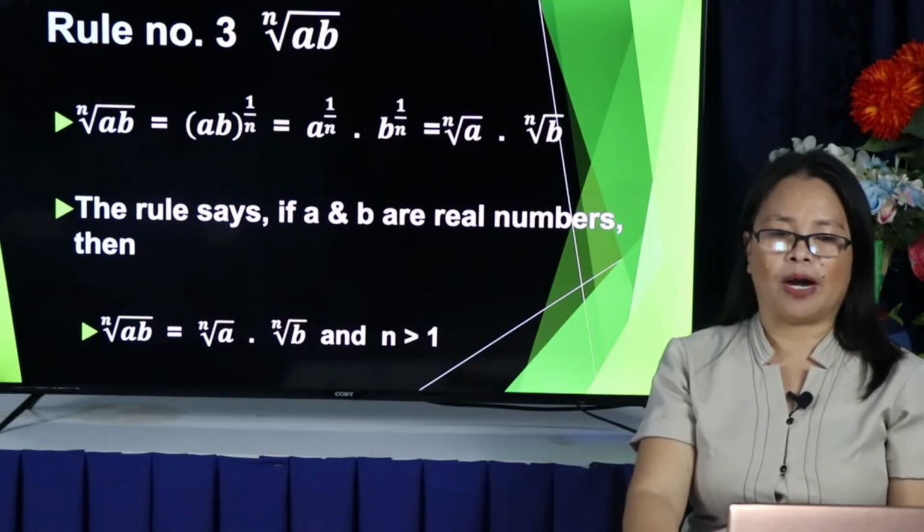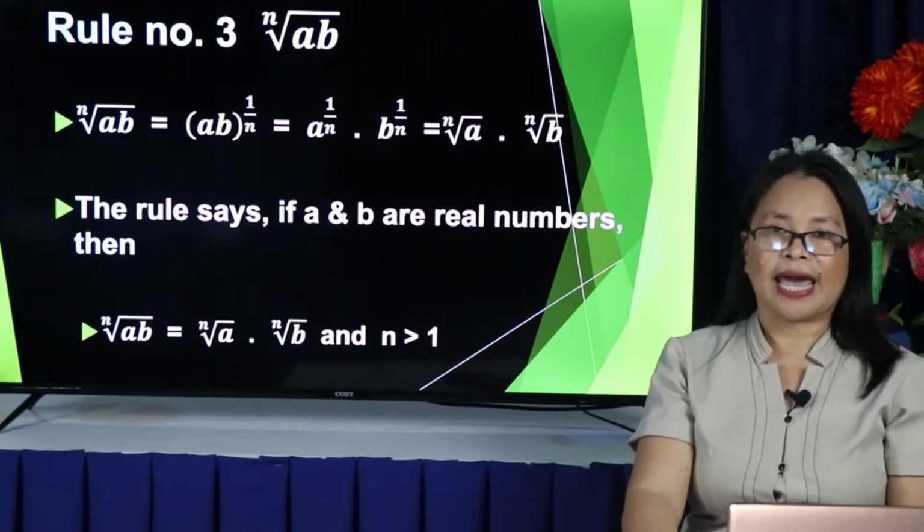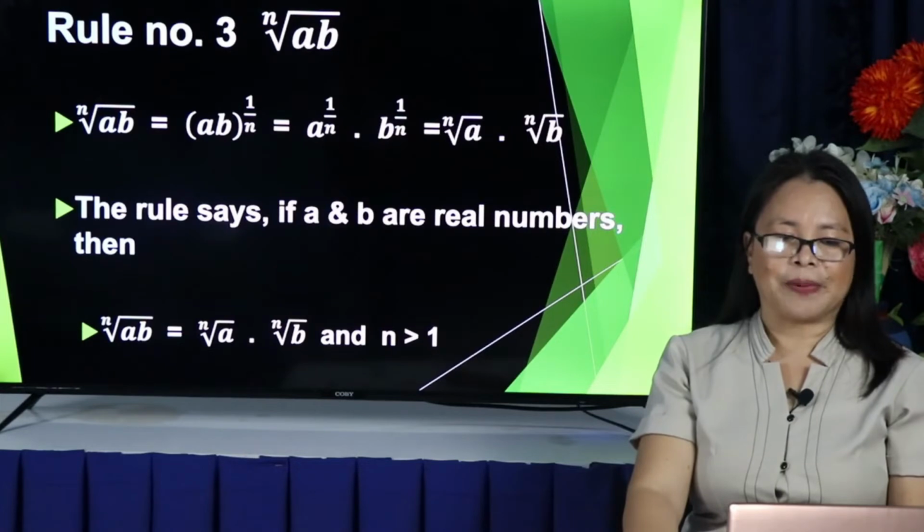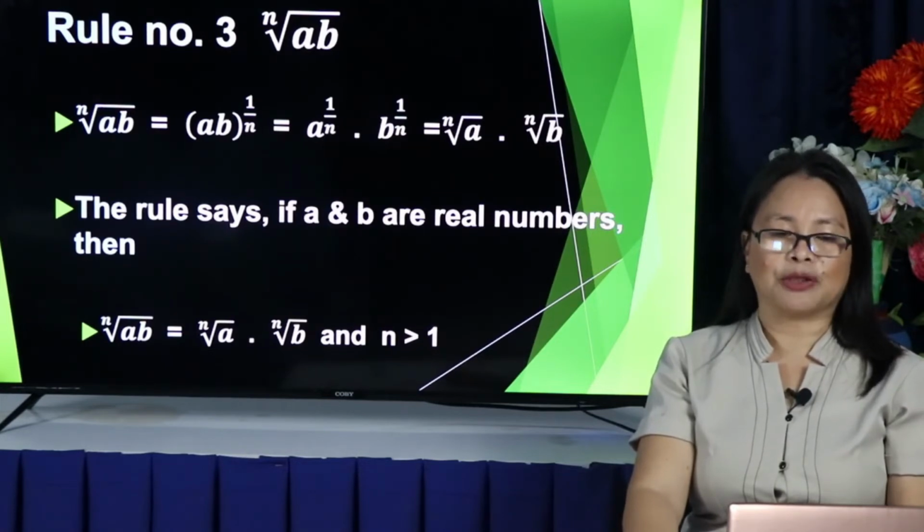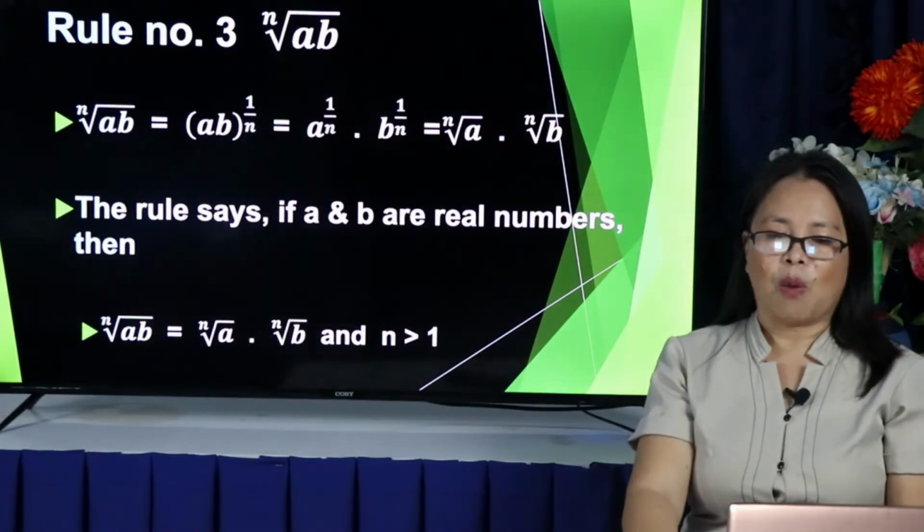In radical form, that is equal to the nth root of A times the nth root of B. The rule says, if A and B are real numbers, then the nth root of AB is equal to the nth root of A times the nth root of B, and n is greater than 1.